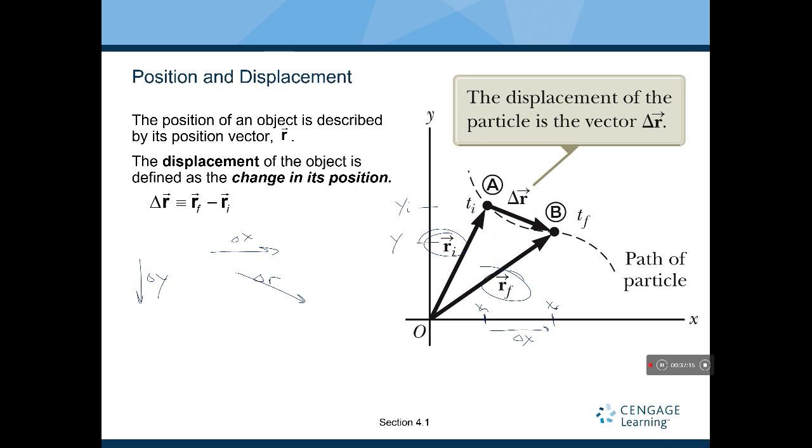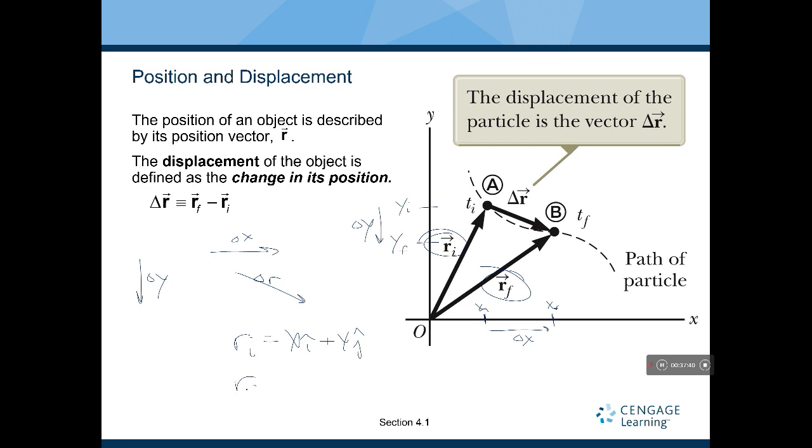Rf has a Y right there. That is the change in Y. So Ri is equal to X i hat plus Y j hat, component vector addition.